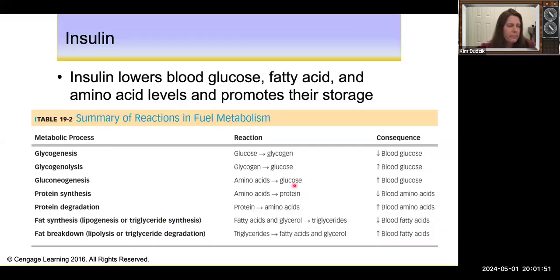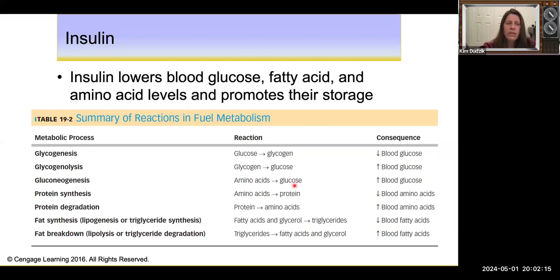Okay, so insulin secretion from the beta cells. The job of the hormone insulin is it lowers blood glucose levels, fatty acid, and amino acid levels, and promotes their storage. The stimulus for insulin is an increase in blood glucose levels.